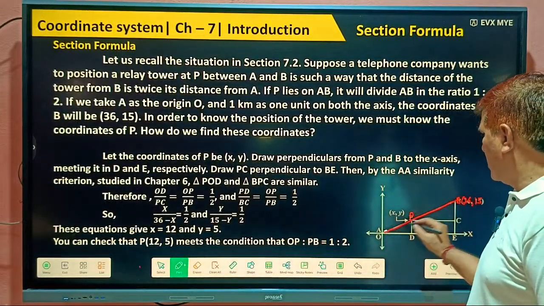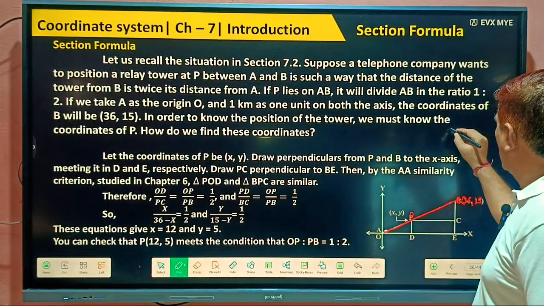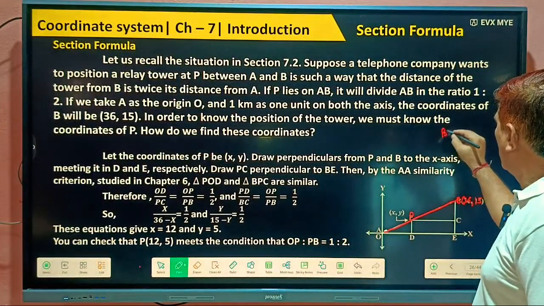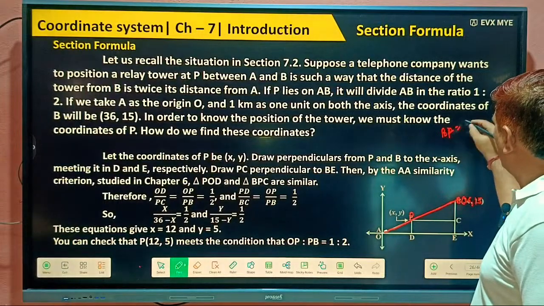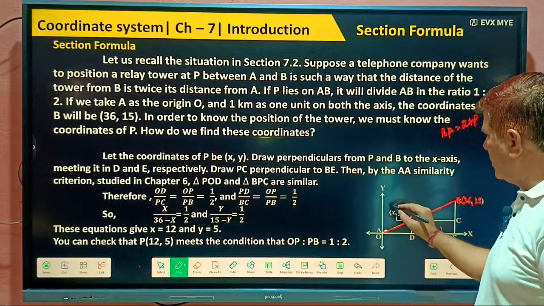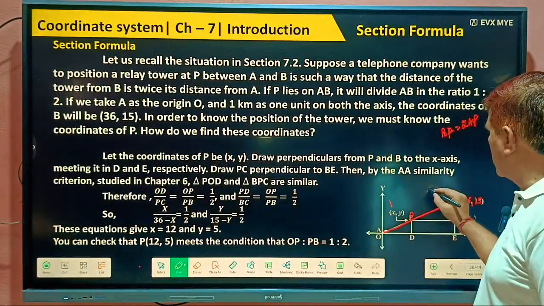It means BP is equal to 2 times AP. Or we can say if AP is 1 unit, then PB is 2 units.